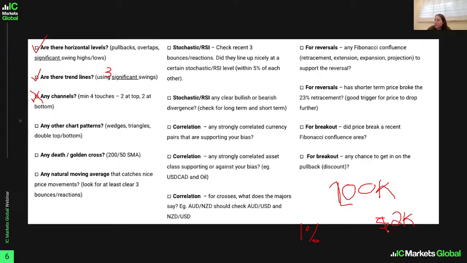So then I will actually manually, and sometimes I even ask ChatGPT.